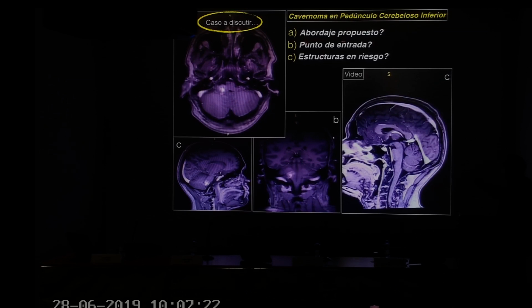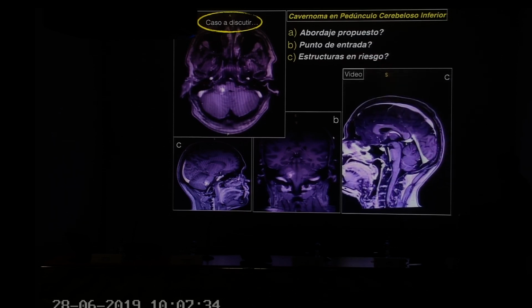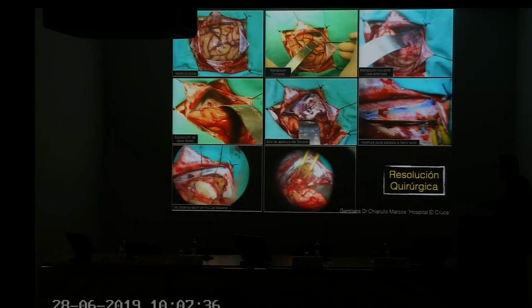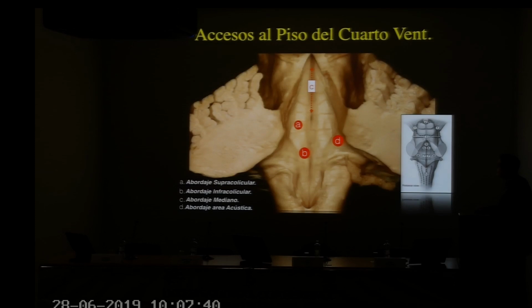What is your approach? What is the safe entry point for the people in this room? What happens with the tracts in this area? Damage or no damage to the area? Oh, this case, it's okay, it doesn't matter.